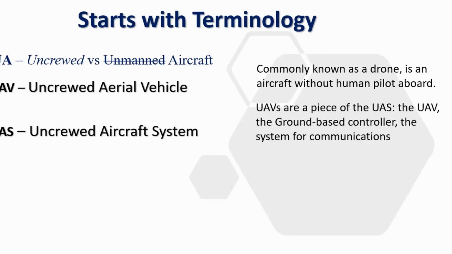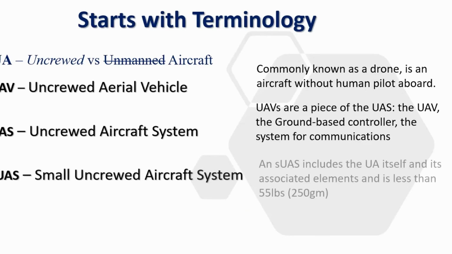The UAS, or uncrewed aircraft system, is just talking about the entire system put together. And then the sUAS is a small uncrewed aircraft, usually more than half a pound and less than 55 pounds. I have a misprint here, so ignore the 250 gram thing.